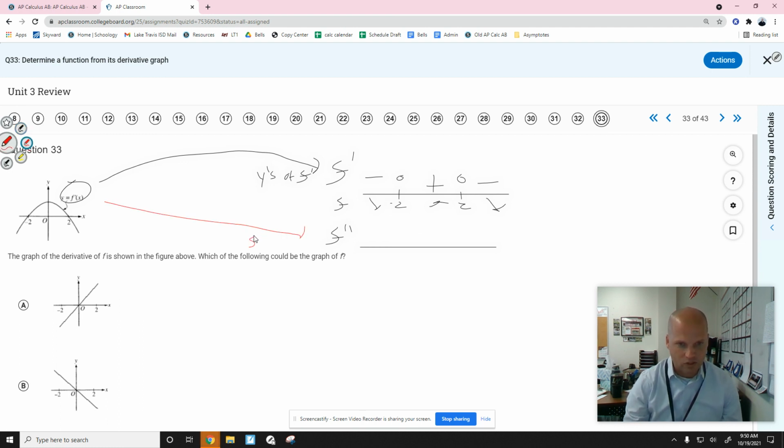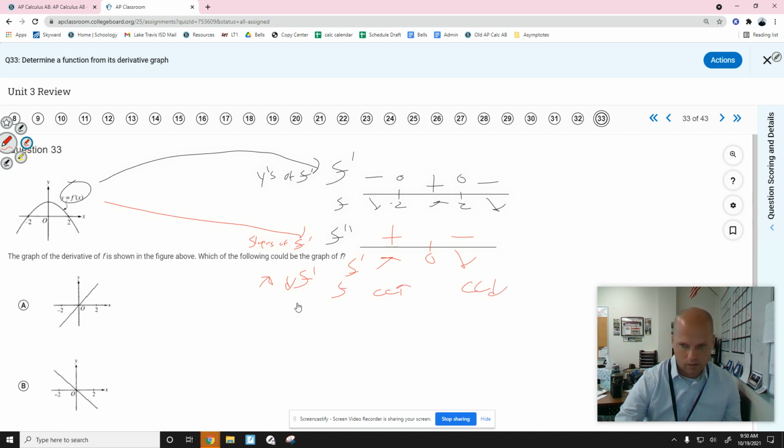You can either look at the slopes of f prime, or you can look at f prime going up, going down. The slopes are positive, f prime is going up until 0. The slopes are negative, f prime is going down.